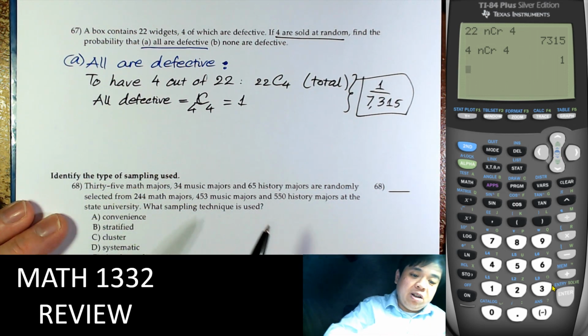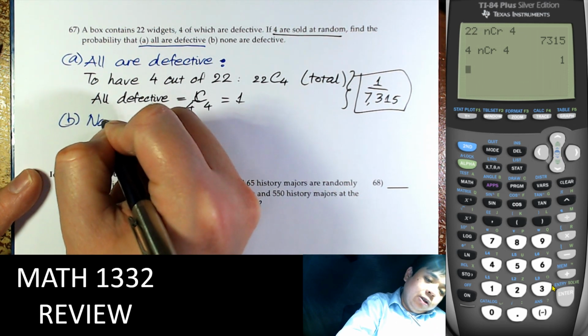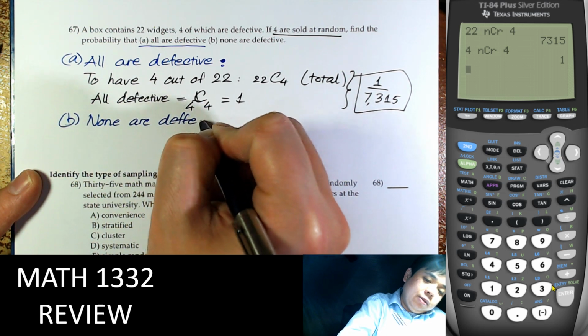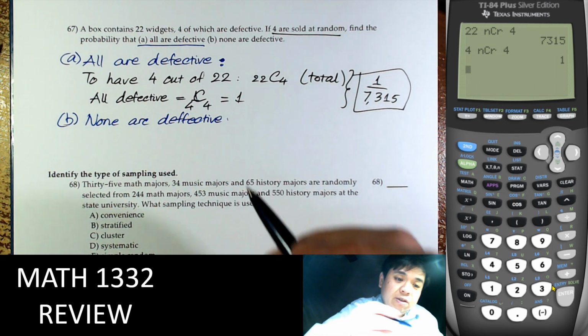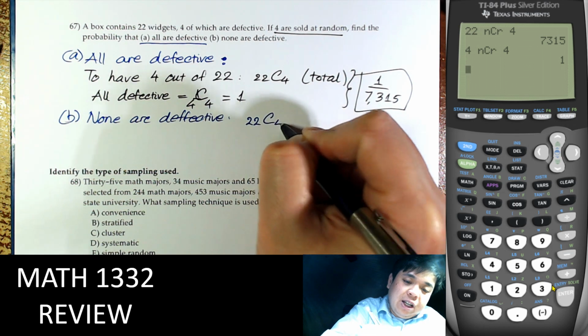And if none of them are defective, we have to choose from the 18 that are not defective, and we pick 4 of those.